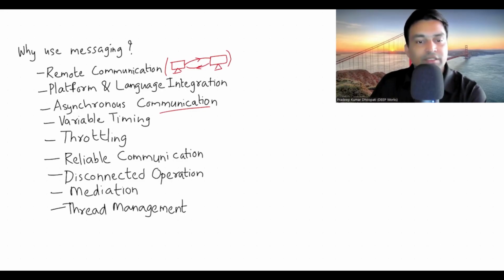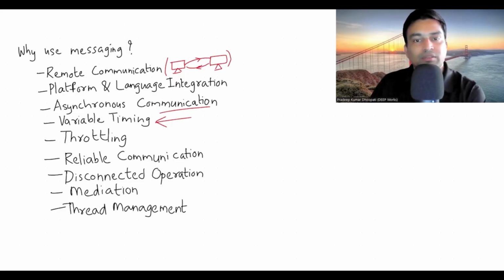The next advantage is variable timing. With synchronous communication and remote procedure invocation, when the caller calls the receiver, it has to wait until the response or acknowledgement is sent back to the caller. And in this way, the caller can only process as many messages as the receiver can process in a given time.